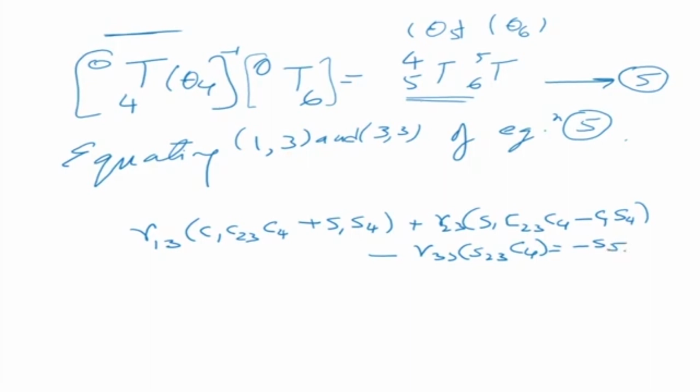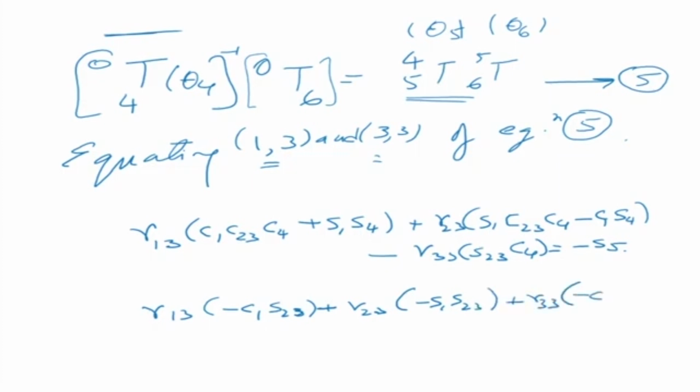Okay, you have to go back to that matrix and simply look at the terms 1 3 and 3 3. So we have two terms and we can equate them. So r1 3, this is minus c1 s2 3, plus r2 3 minus s1 s2 3, plus r3 3 minus c2 3, is equal to c5.